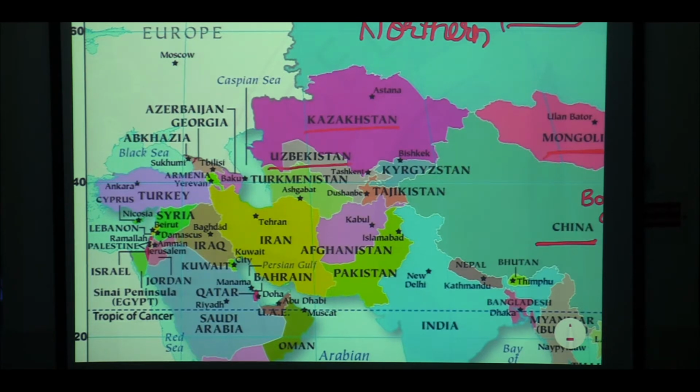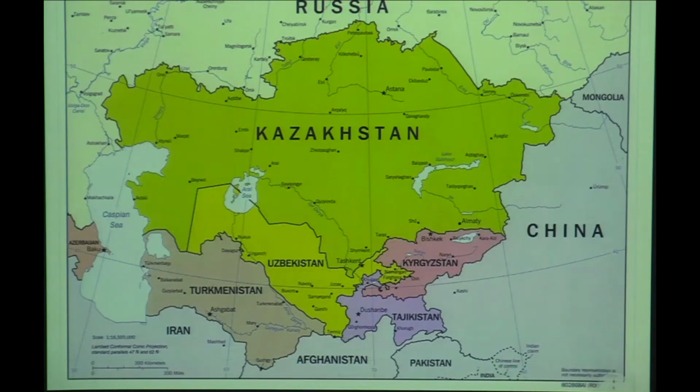Kazakhstan, Uzbekistan, Turkmenistan, Tajikistan, Kyrgyzstan. The Central Asian countries incorporate these 5 breakaway countries of the former USSR. And if I take these 5 breakaway countries of the former USSR, they are essentially referred to as landlocked.